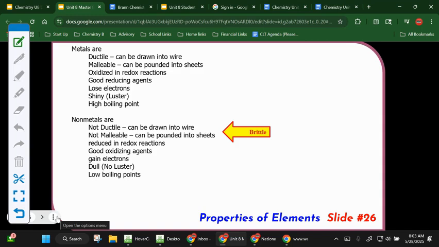I could have done it the other way and said it cannot. I guess what I was trying to do is define ductile and malleable again for you and say they're not this, which means we use this term for nonmetals. They are brittle. They will break apart instead. So malleable and ductile just means you're closer to francium. Malleable and ductile means you're a better metal.